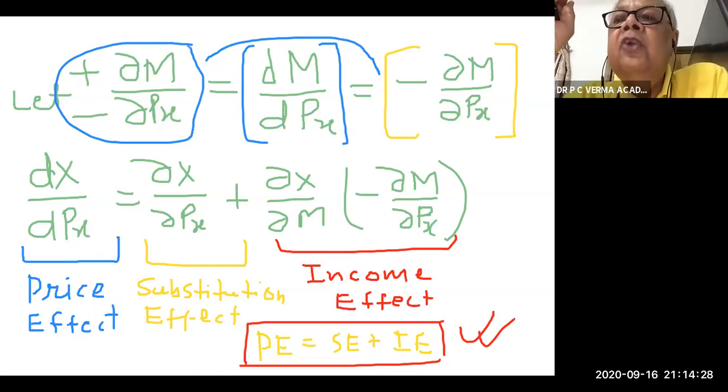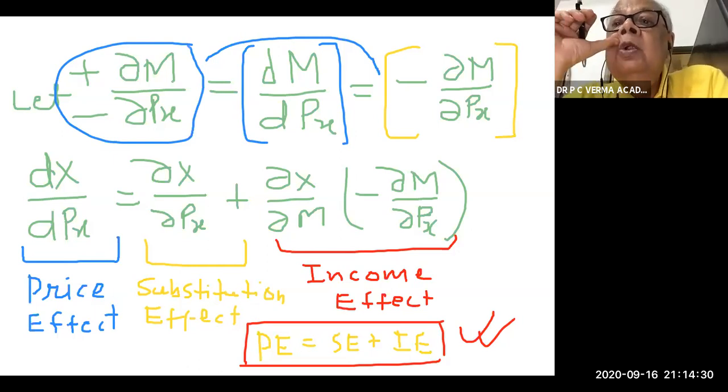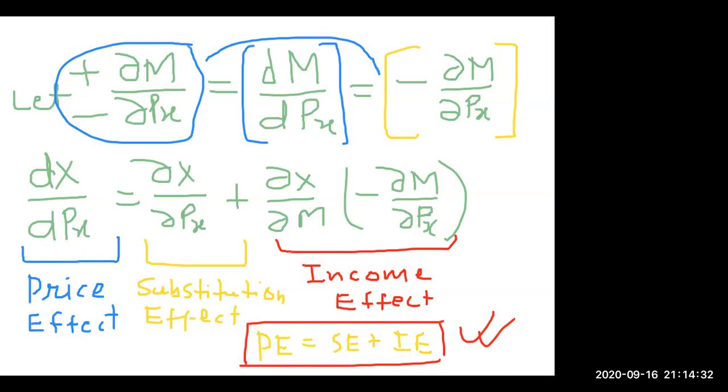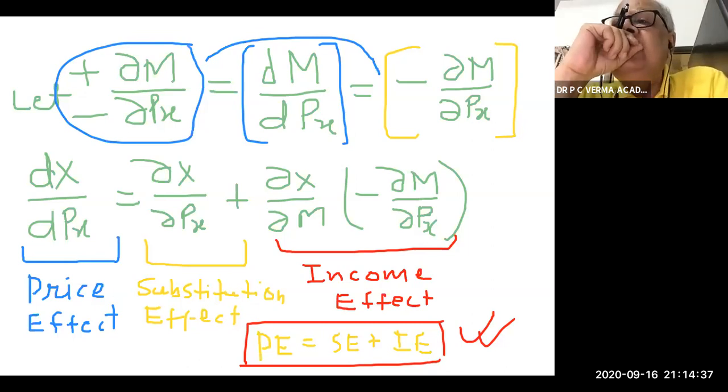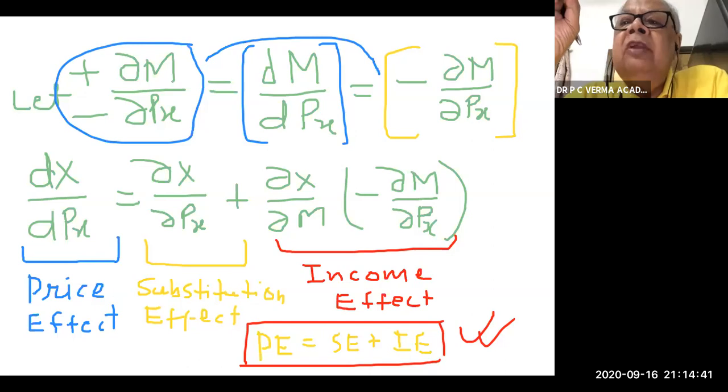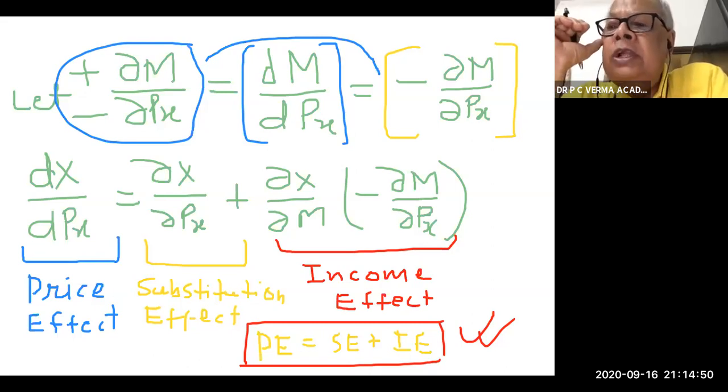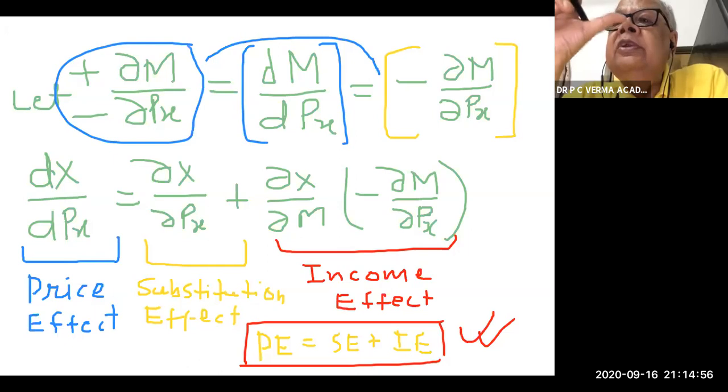Consumer will move from lower indifference curve to higher indifference curve. In the old indifference curve we will find out substitution effect, and when money is returned to the consumer, he will switch over to the higher indifference curve, that is indifference curve 2. This is called jump, means income effect, and we take both IC1 and IC2.